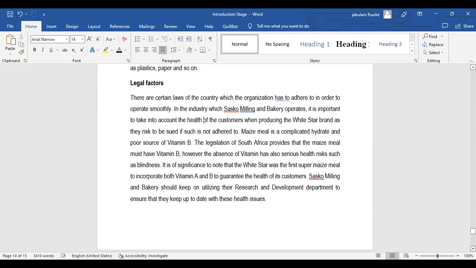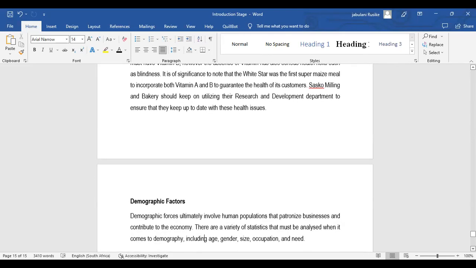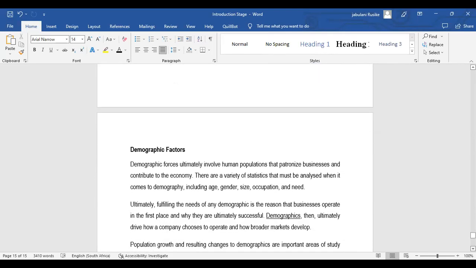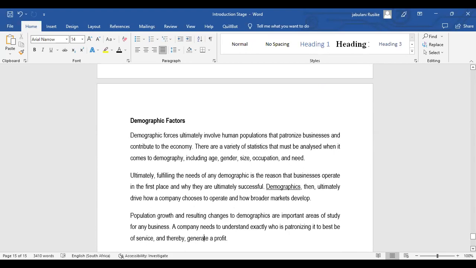There are also the demographic factors, which I did mention are more or less the same as the social factors, but they focus much on the population size, and they also focus on the age and the income size.